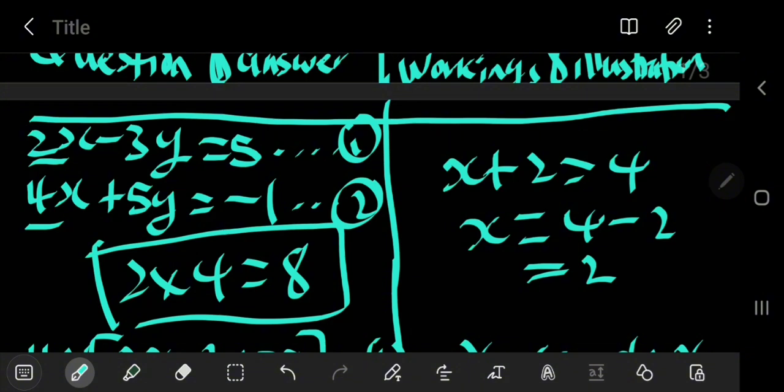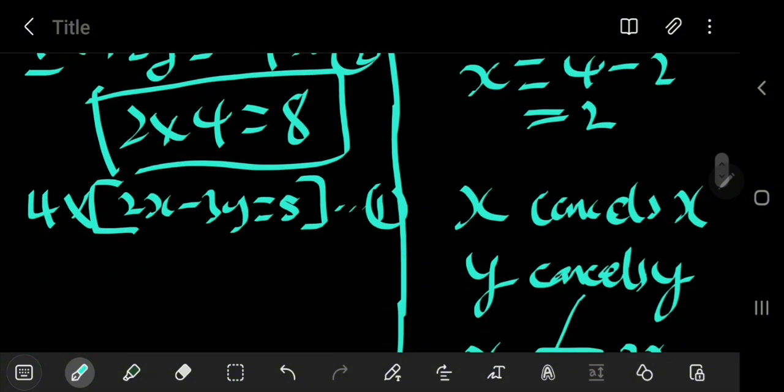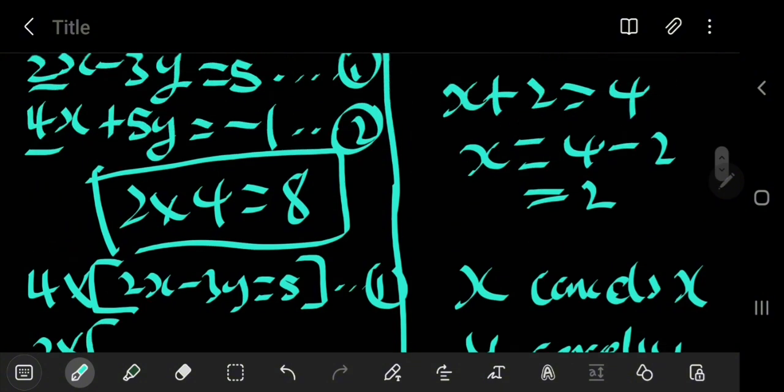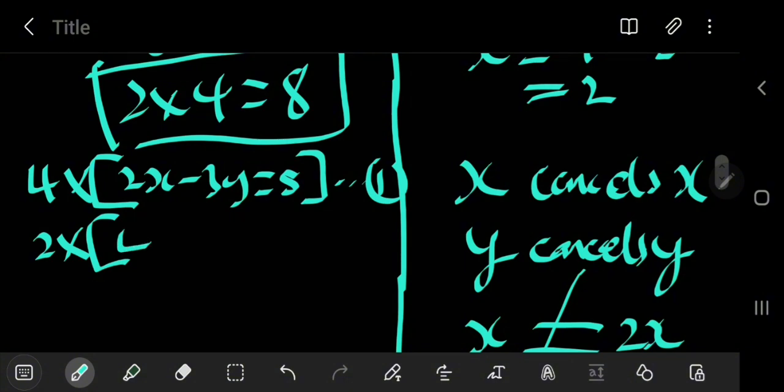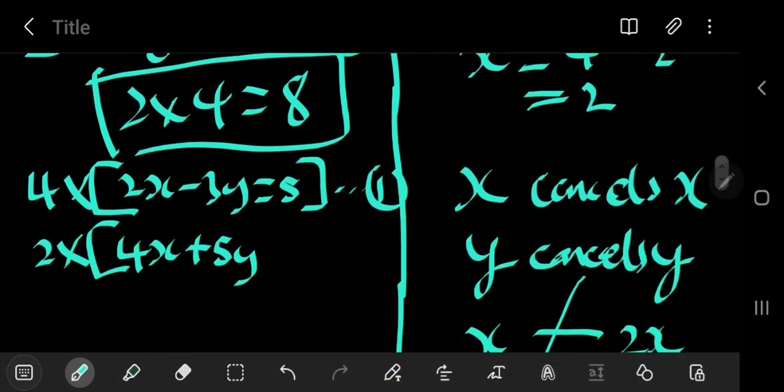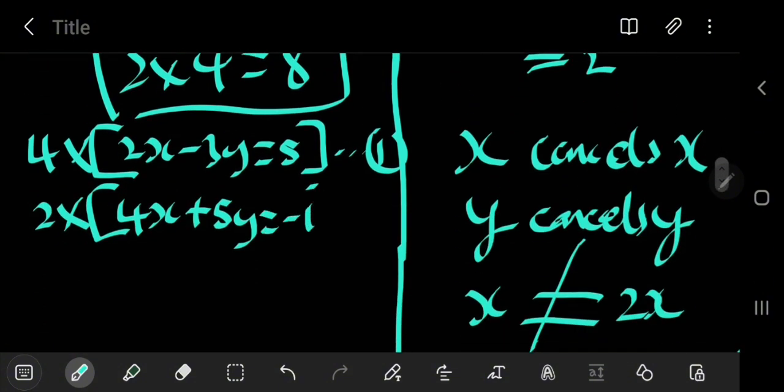The coefficient of the first equation. Good. 2. So we do 2 times, we have 4x plus 5y equals minus 1. Now I have to open my bracket.